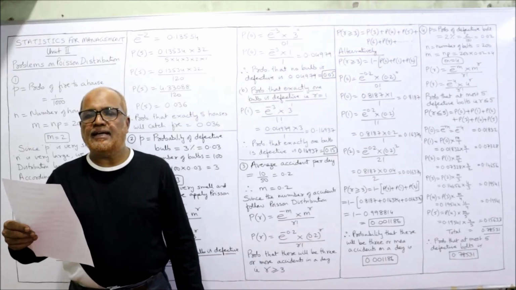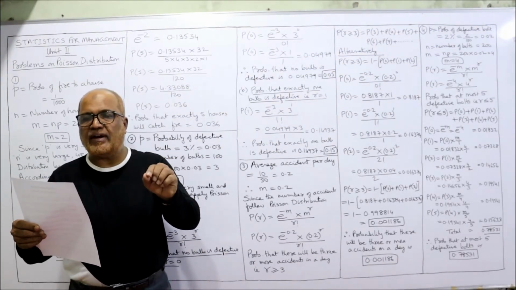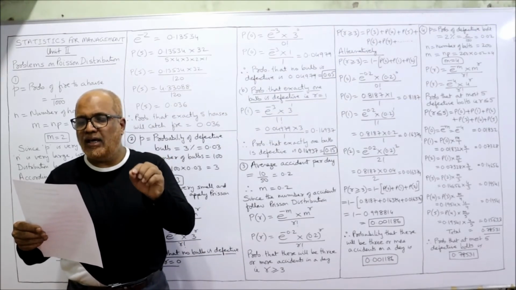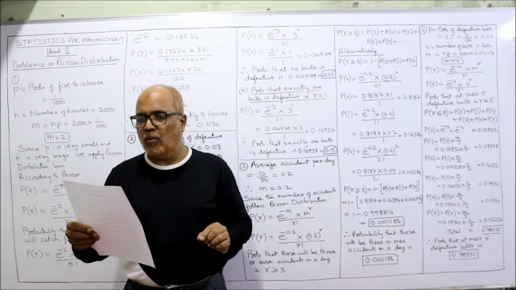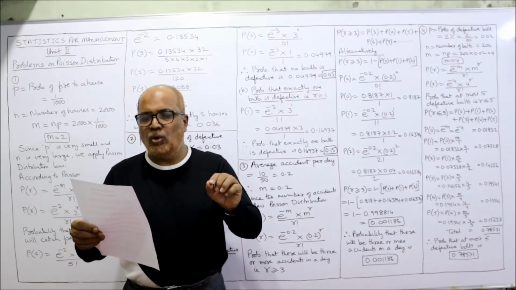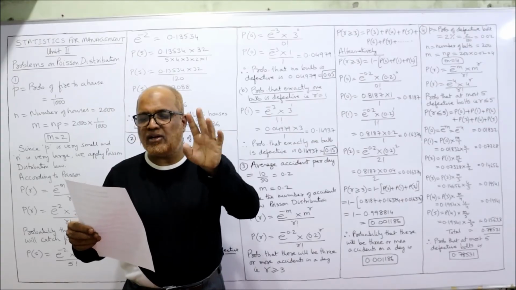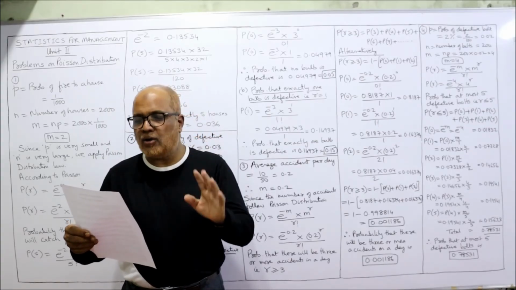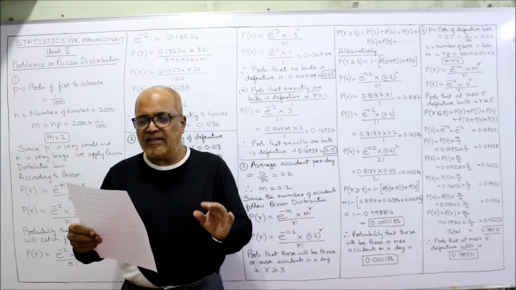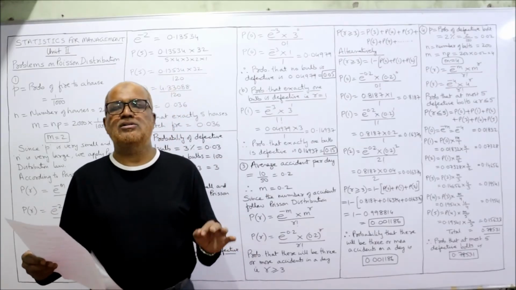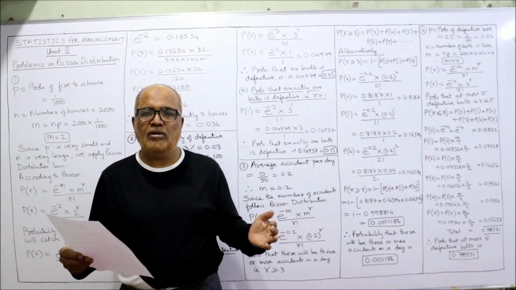Find the probability that at most 5 defective bolts will be found in a box of 200 bolts, if it is known that 2% of such bolts are defective. You may take the distribution as Poisson, specifically given Poisson distribution.